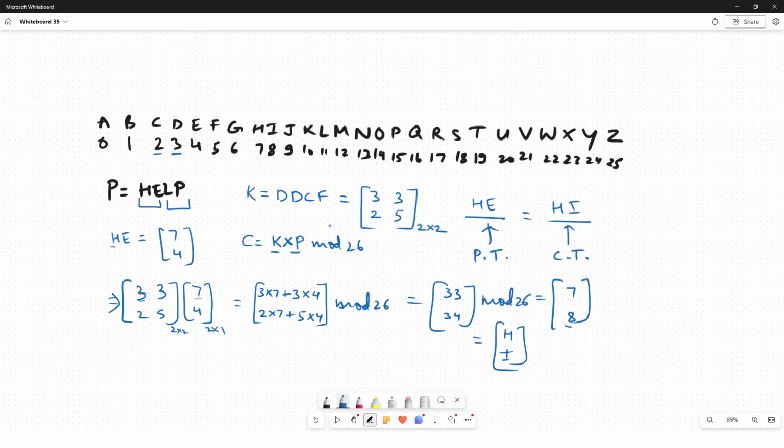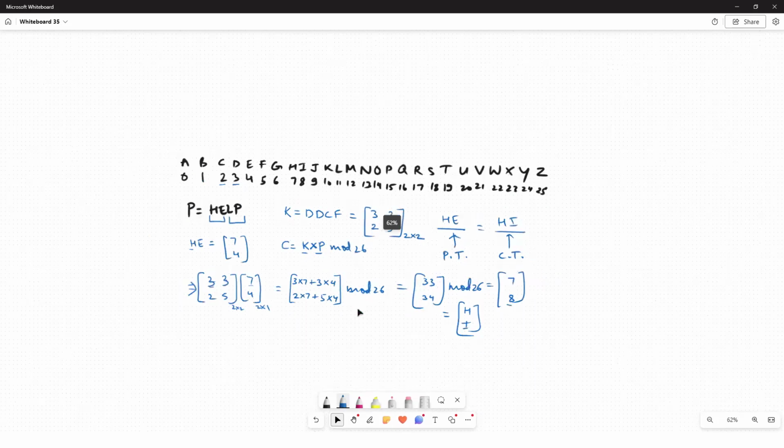That is how you get from your plain text to your ciphertext. Now, in order for you to decrypt it back, the formula associated with that specific technique is: your ciphertext is key times your plain text mod 26, and in order to get your plain text back from the ciphertext, it is k inverse times your ciphertext mod 26.